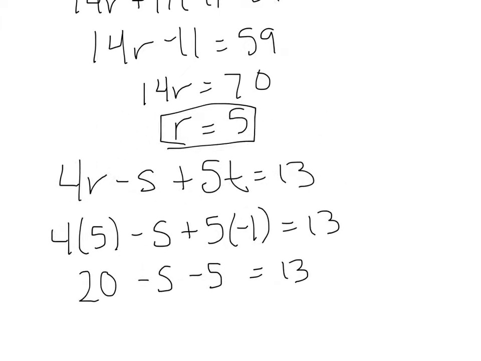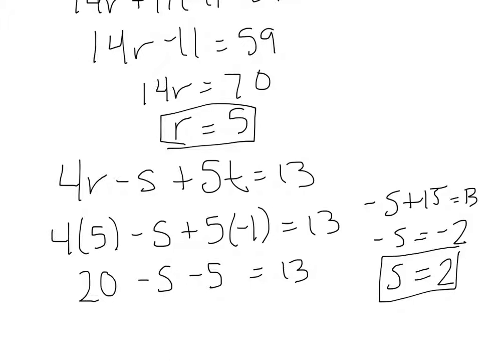And 20 minus 5 is 15, so I have negative s plus 15 equals 13. Subtract 15 on both sides, and I end up with negative s equals negative 2, or s is equal to a positive 2, and I have my three answers. And in alphabetical order, they are 5, 2, negative 1.